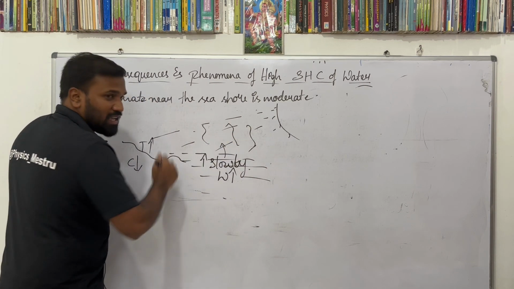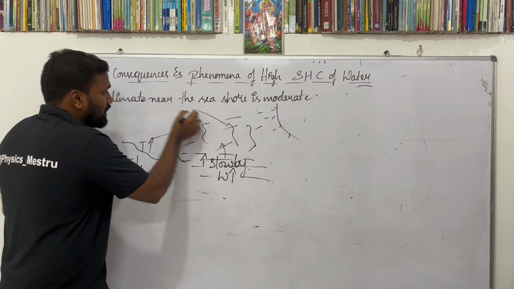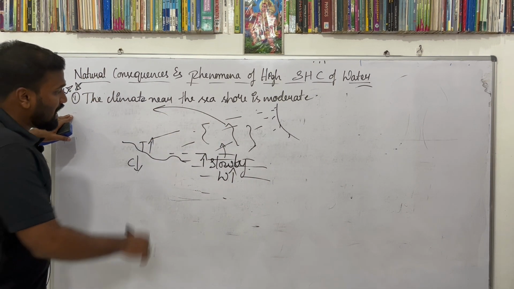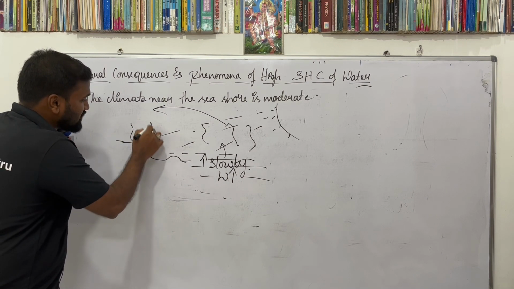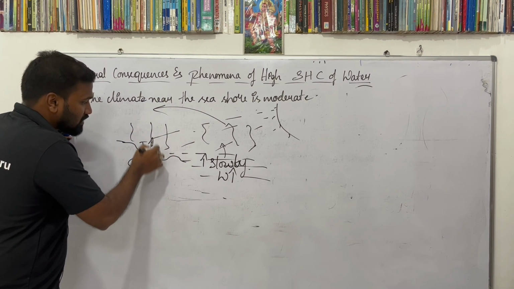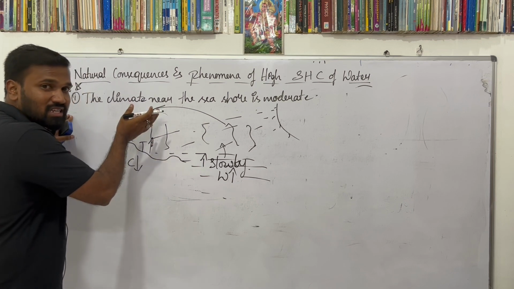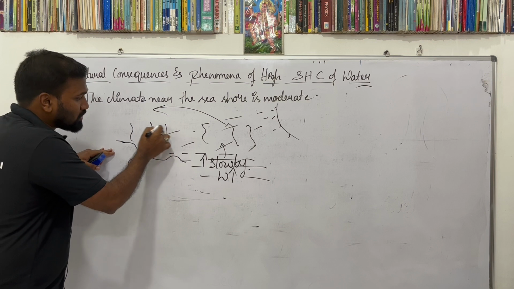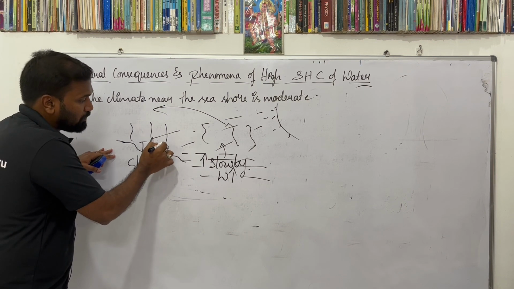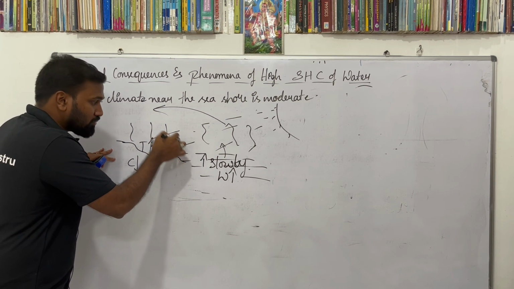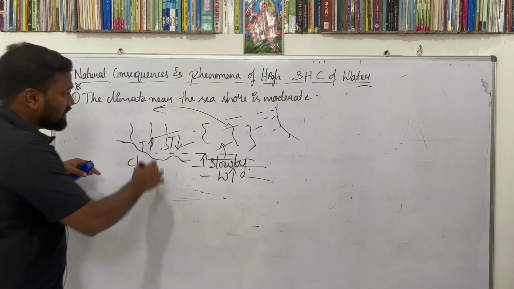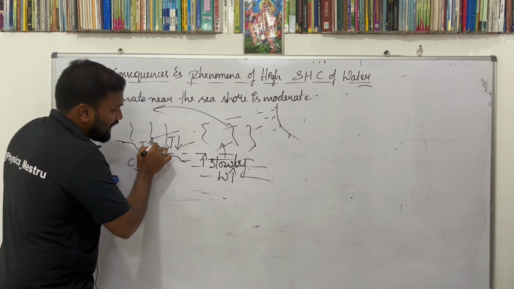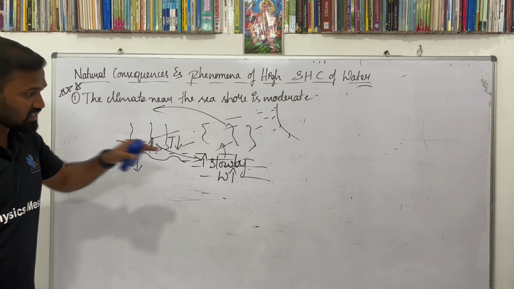When this atmospheric air gets heated up, it will move to the land place. The atmospheric air present on land, when the temperature rises abruptly and falls abruptly, the temperature of the air there also falls down, and the air present on the land will move to the sea.